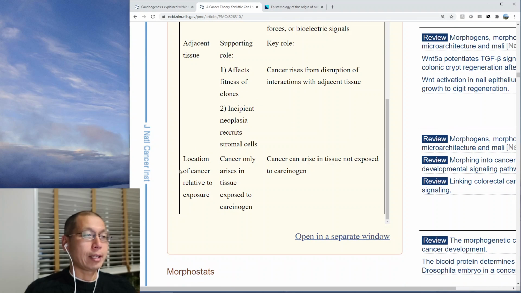And then somatic mutation theory says that the mutagen or the carcinogen affects the cell, and that cell gets mutated and then becomes the cancer. TOFT says that you can expose cells to the mutagen and you can have cancers arise in a different cell. So these are very different thought processes on how cancer develops.